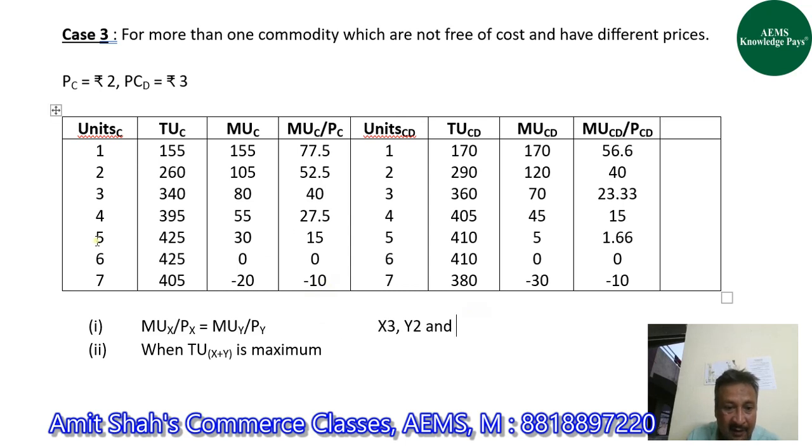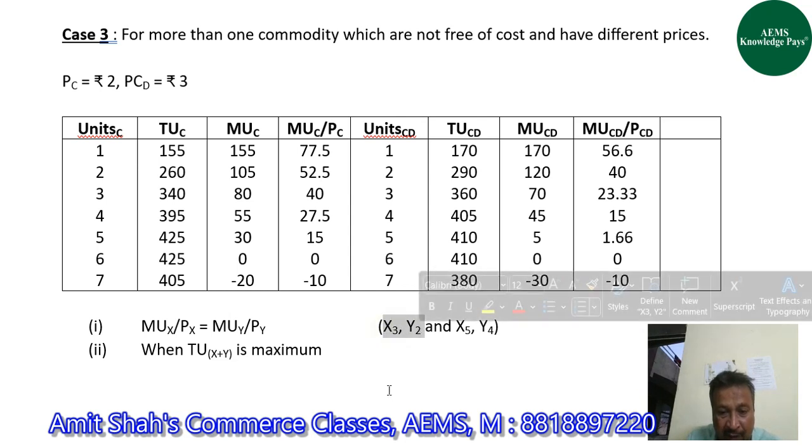And the other one is 5 units of x and 4 units of y, because here also our first condition is met. Have you got this, guys, or not? I'm talking about the first condition.